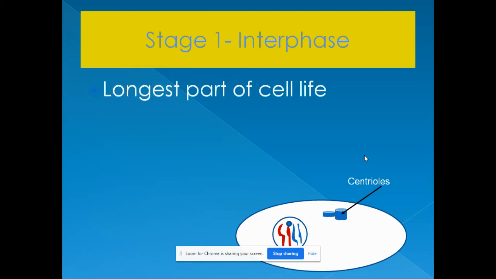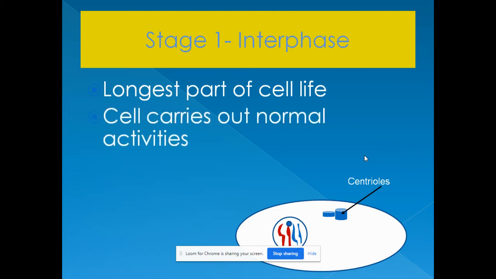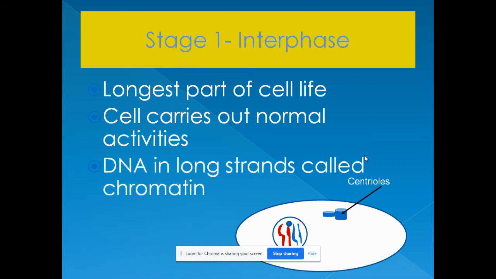So the interphase is the longest part of the cell life. The cell carries out normal activities, as we talked about before, and DNA is in long strands called chromatin. So remember, chromosomes is when they are compacted. Chromatin is when they are long strands free inside the nucleus. And that's when the centrioles are made.